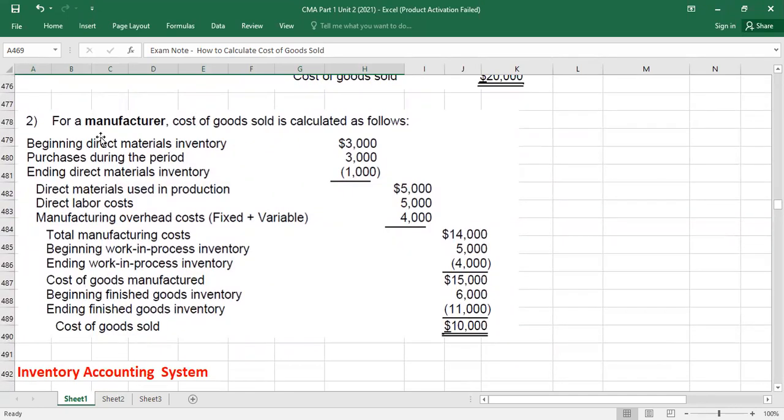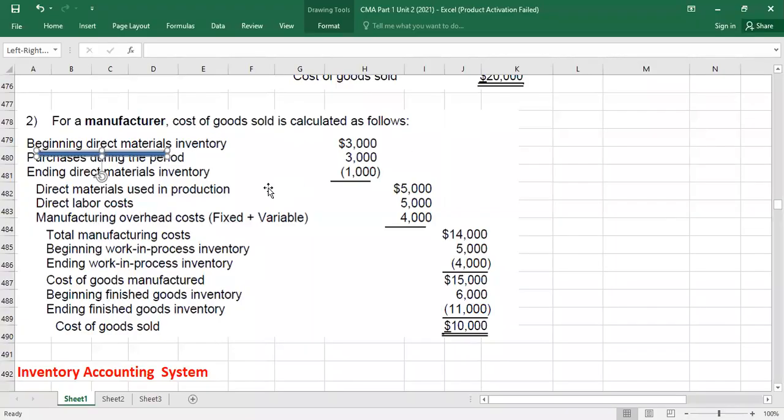Usually, as I told you, a manufacturer might have inventory in three shapes: raw material, work in process, or finished goods. So how can we calculate? You can look at here. First of all, you will take the beginning direct material inventory, for example 3000.